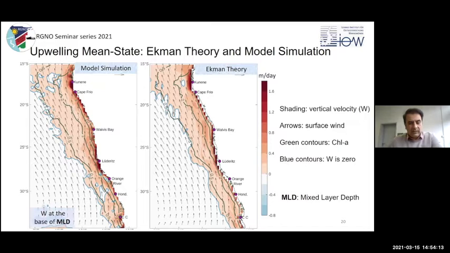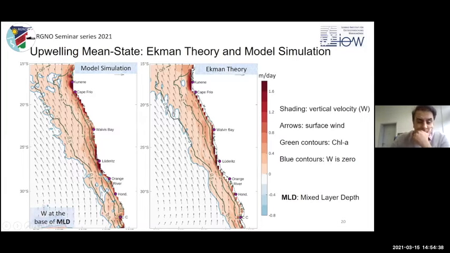As you can see, the model simulation exhibits results similar to the Ekman theory. The pattern shows a strong upwelling near the coast, which is reduced toward the sea.